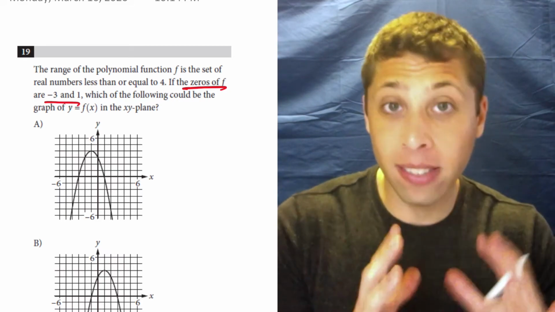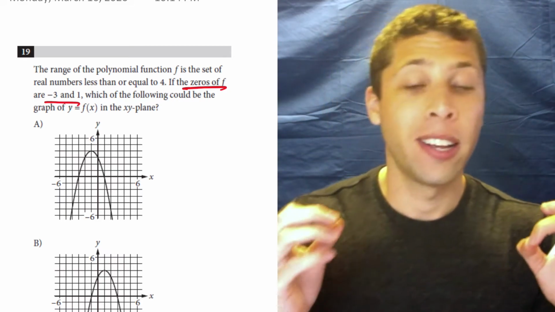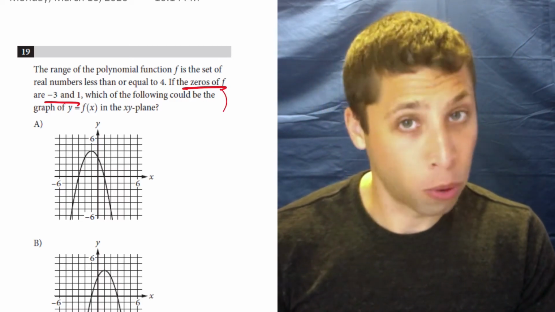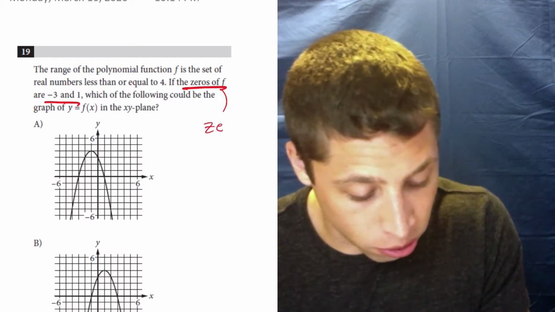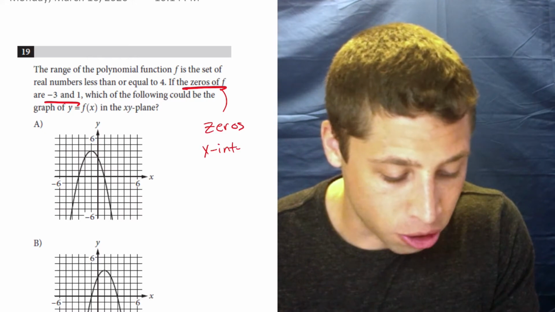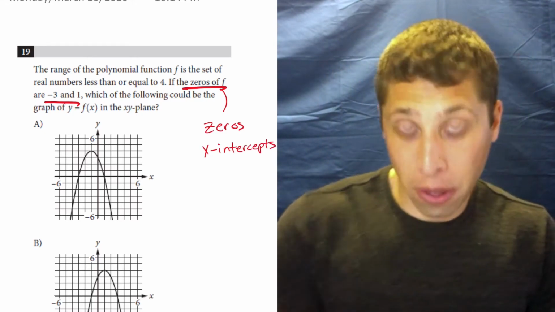So this is key. You need to be able to move between the different vocabulary words for quadratics very easily, and zeros is one of the most important ones. Zeros are the same as x-intercepts. So there are some others. I'm going to just throw them out there, right?